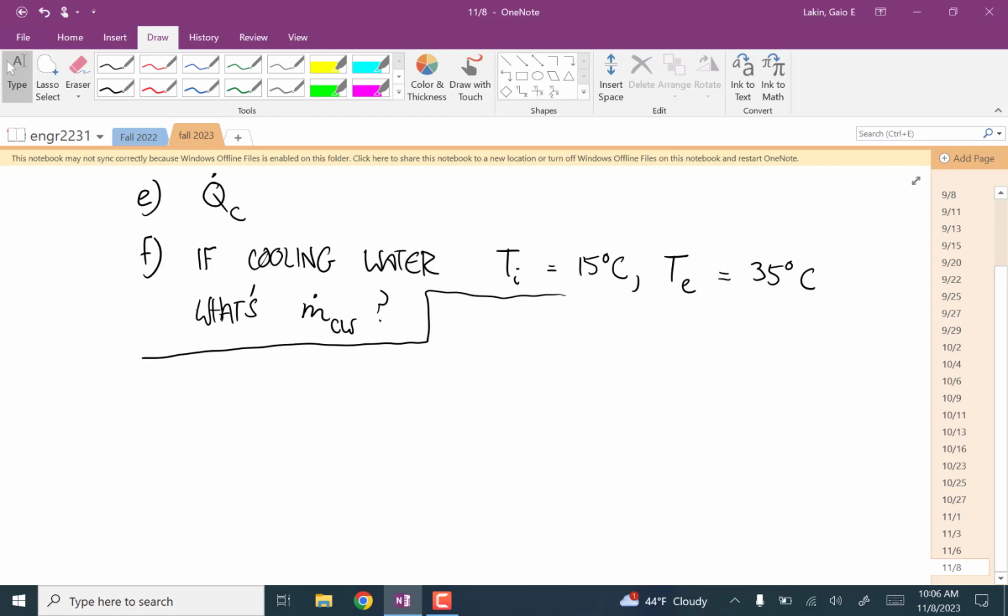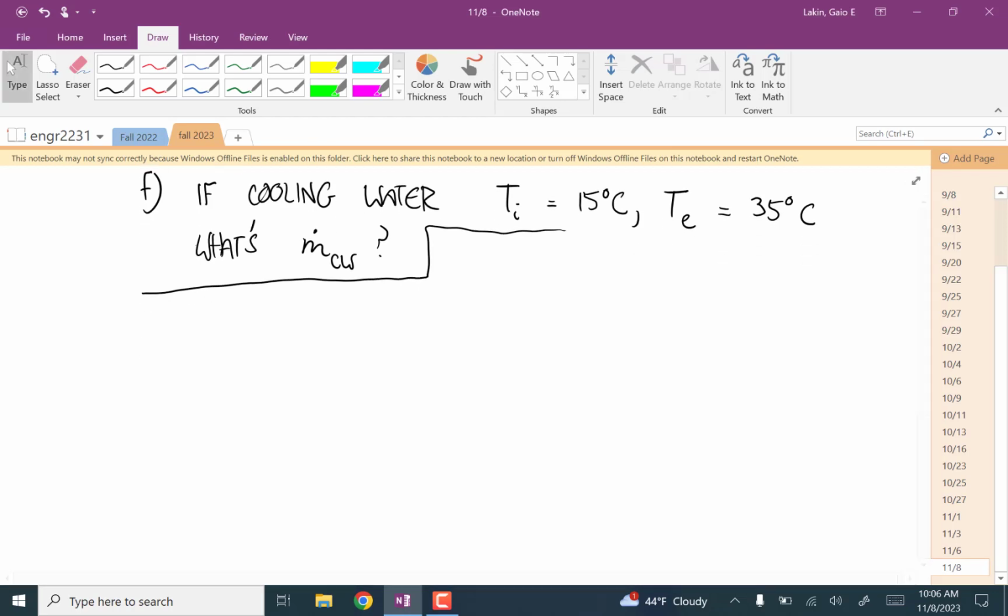All right, first let me draw the picture. I think it's always helpful to have that. This is the ideal Rankine cycle, so it always looks the same.